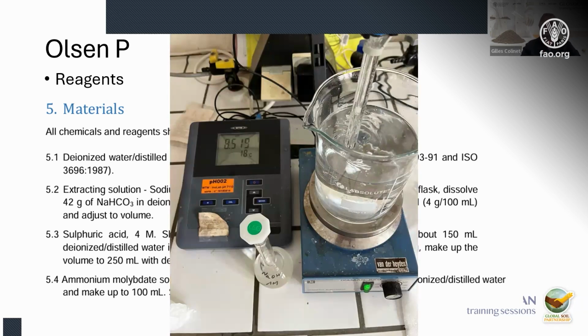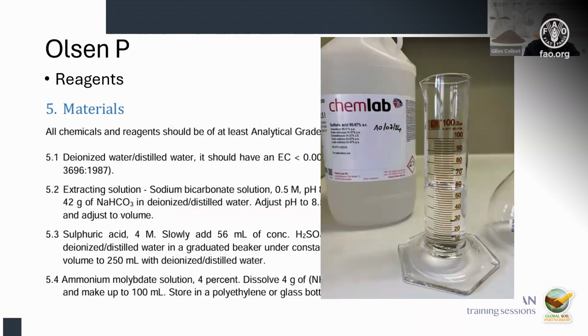So you use your extracting solution. You control the pH of the solution by adding NaOH eventually, in order to be at pH 8.5. Then you will use all these graded reagents.